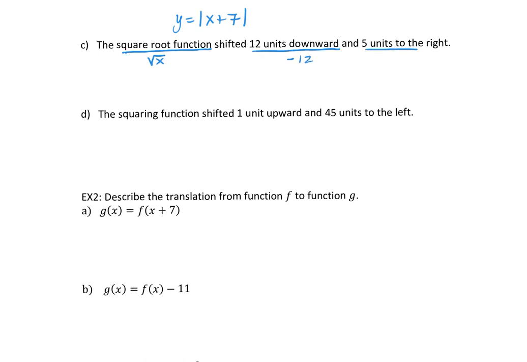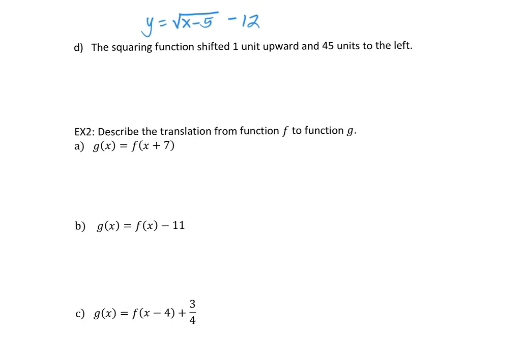But 5 units to the right, that's changing your x. And right actually means negative. So we're minusing 5. We get y equal to the square root of, we're changing the x by subtracting 5 because it's to the right. But then we're going down, so outside of the square root function, we're going to subtract 12.